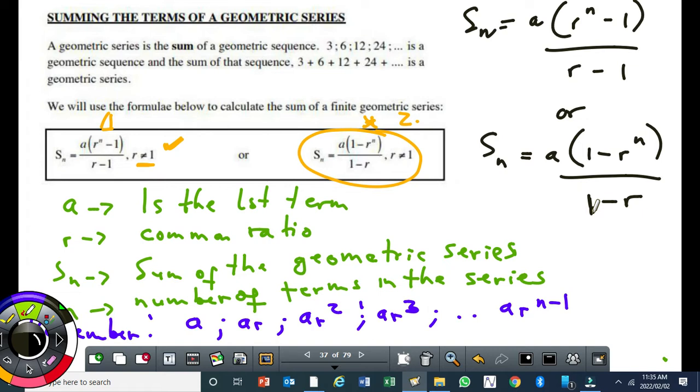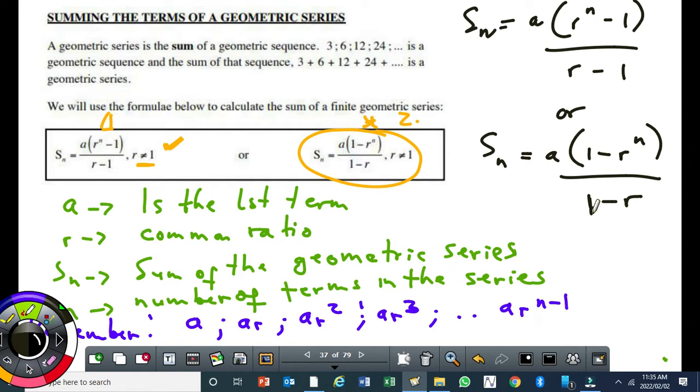What is 1 minus 1? 0. So the denominator becomes 0 if the common ratio is equal to 1. Therefore, when you are doing calculations on the geometric series, you cannot have a common ratio equal to 1. Otherwise, you cannot calculate the sum of that series.